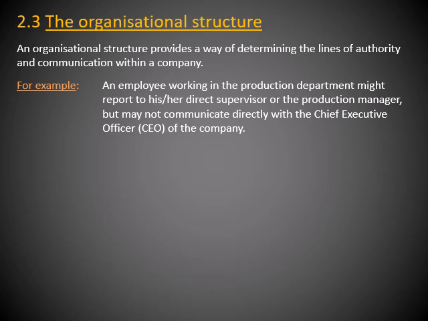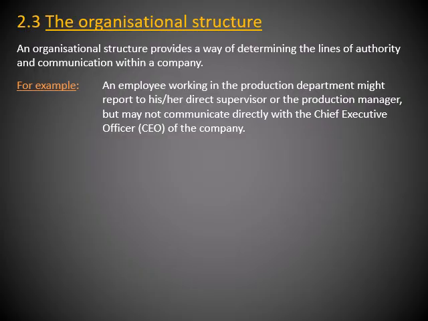Now we're talking about a normal employee that is not a manager or not employed in a managerial position. That employee can report to and communicate directly with his direct supervisor. Or it can even be the production manager that employee can communicate with directly, if that production manager is his immediate supervisor.